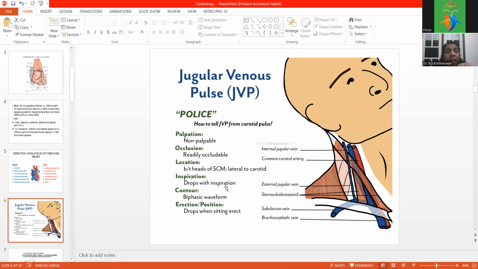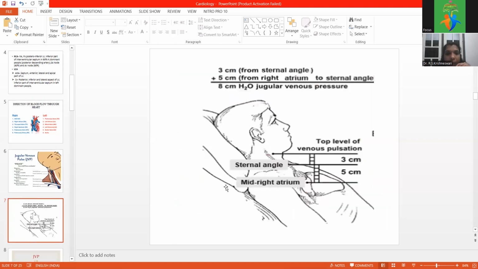Hope you understand. And the location is between the heads of the sternocleidomastoid, lateral to the carotid, and it is non-palpable. Very, very important: it is non-palpable.